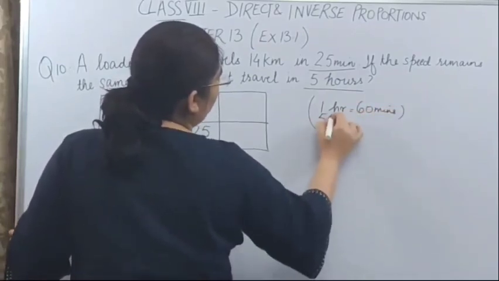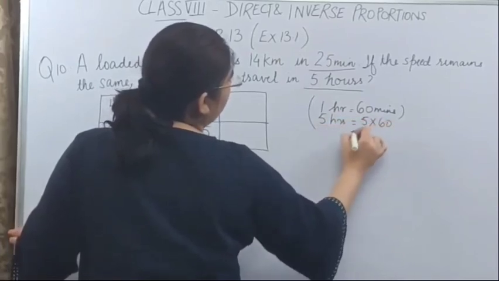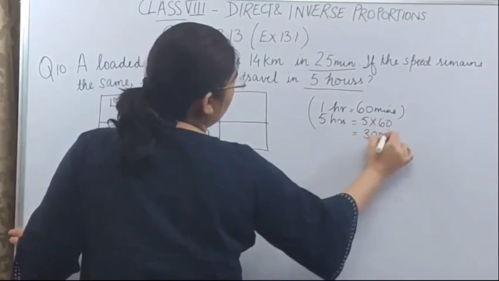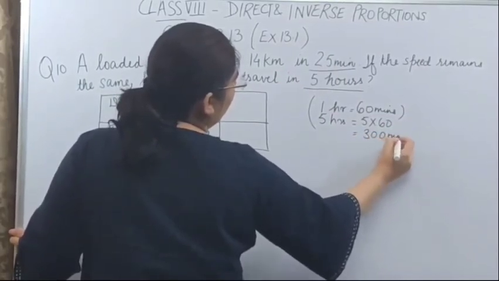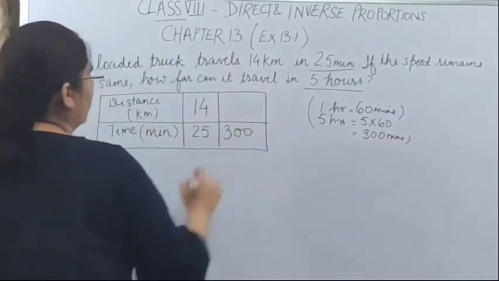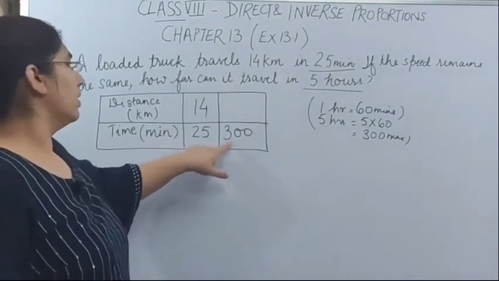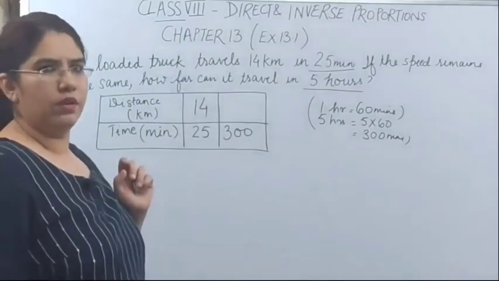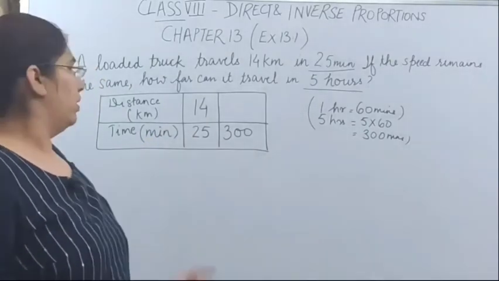Therefore, 5 hours is equal to 5 into 60, that is 300 minutes, right. So, we put 300 here. Now I have got the time in the same unit, yes or no? I have got the time in the same unit.